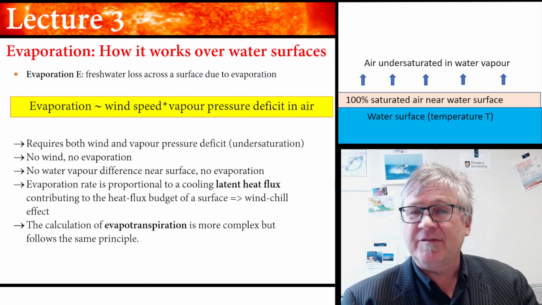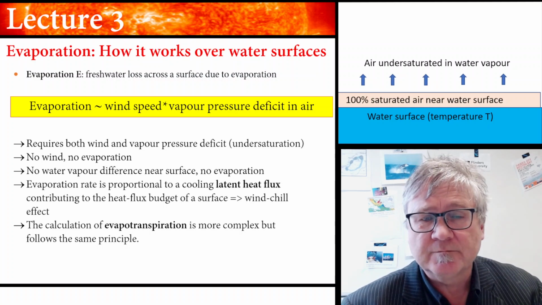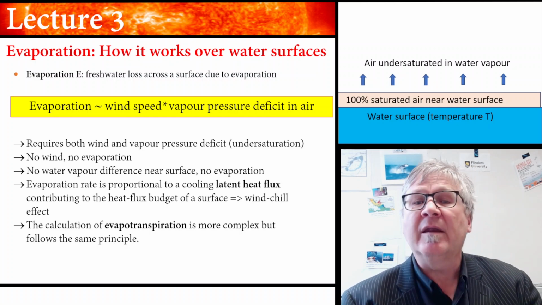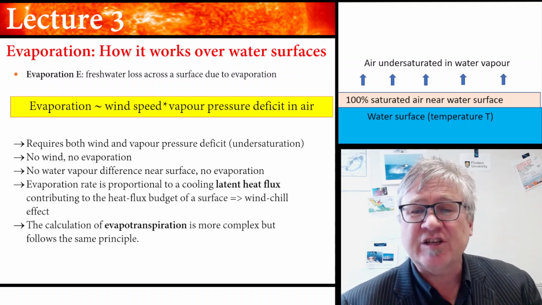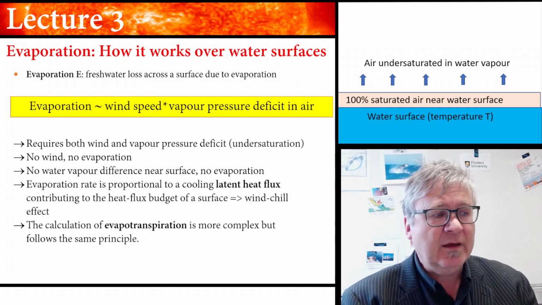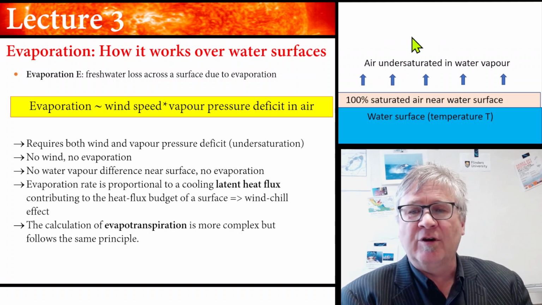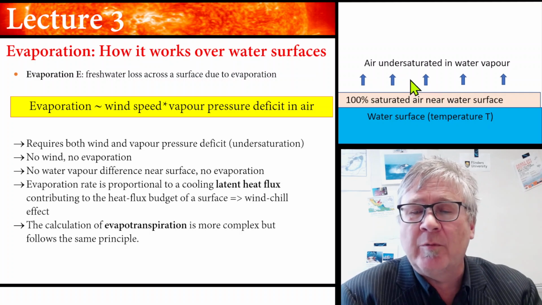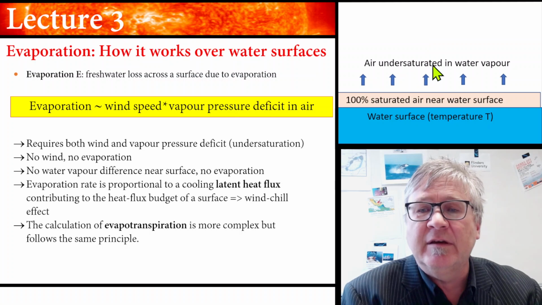What determines that rate is a combination of two features. One is wind speed, and the other one is the actual water vapor pressure deficit in air. Okay, and I show that as a little bit of a sketch here. So you're dealing with air which is undersaturated in water vapor, so less than 100% relative humidity.